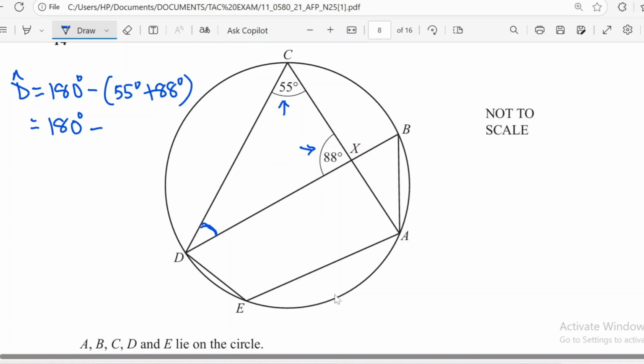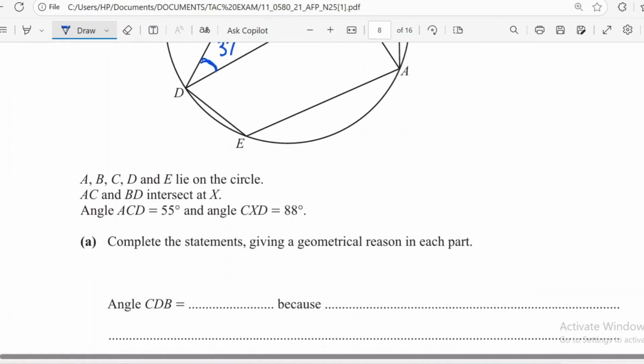So that's giving us 143. So here 180 minus 143 will give us 37 degrees. So we go back and write this down here.